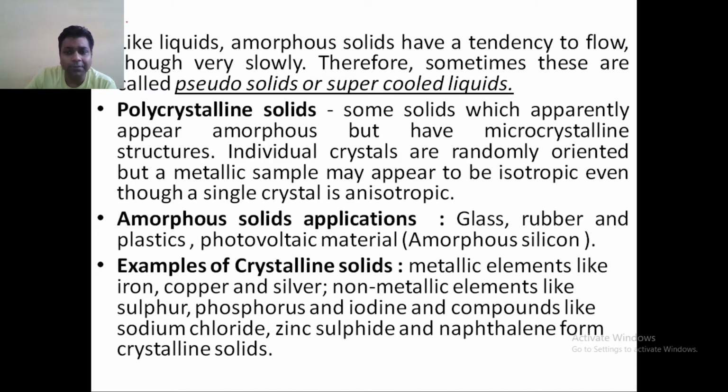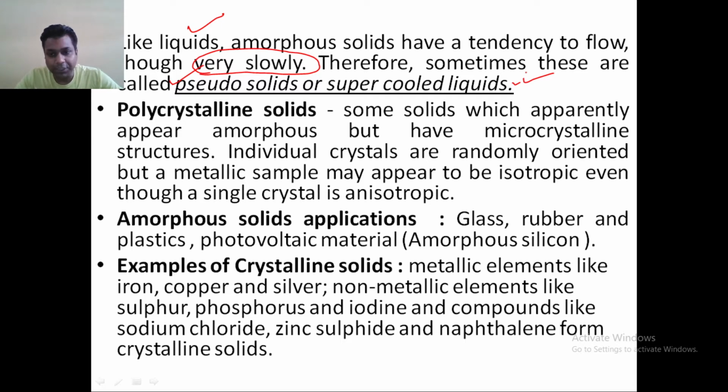Now some more important points that we need to understand. Like liquids, amorphous solids have a tendency to flow, but in a very slow manner, at a very slow speed. So sometimes they are also known as pseudo liquids or supercooled liquids. You can take the example of gels.